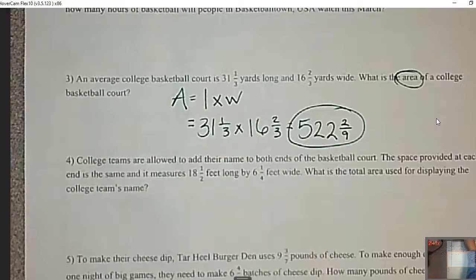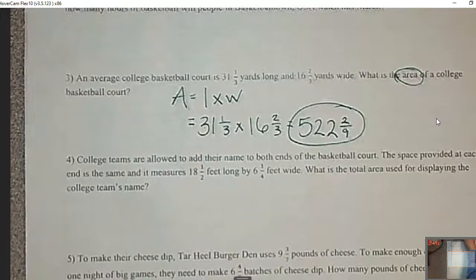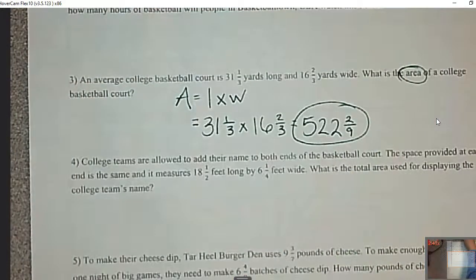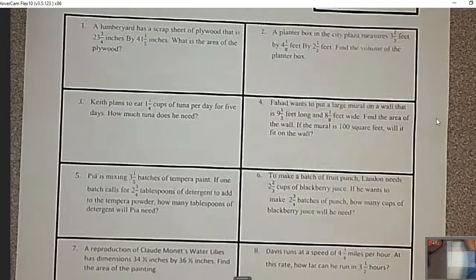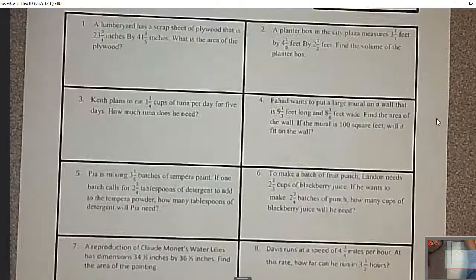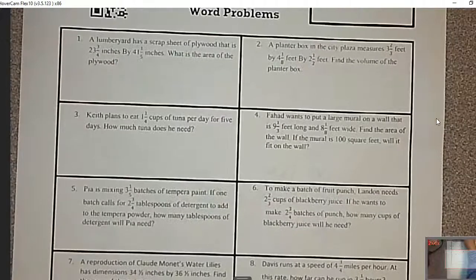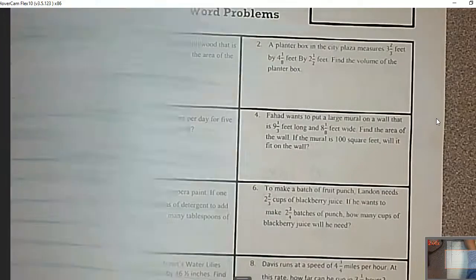So today, your job is, so that I can see that you understand what's going on here, you are going to work through these 6 problems on this side, but then if you flip it over, you're going to notice I've got you a little riddle that you're going to be solving. Still going to be multiplying mixed numbers, right? But it's always fun when you've got a little riddle to go with it.